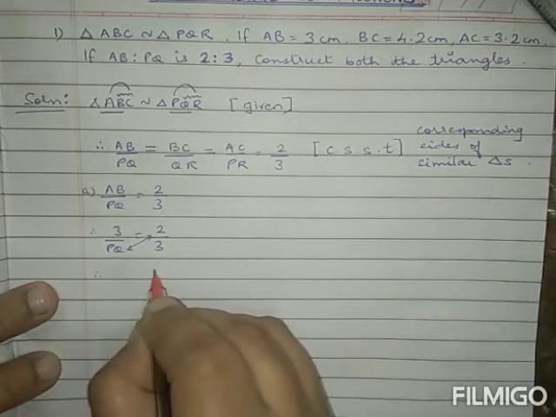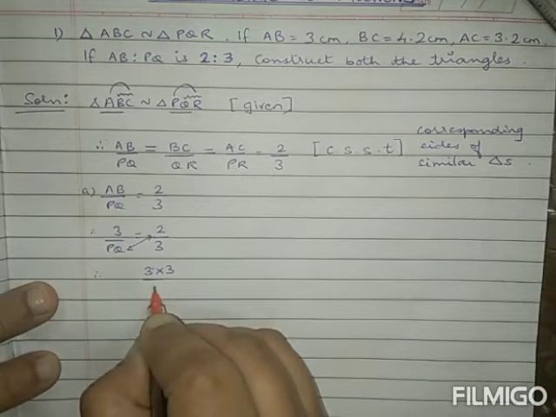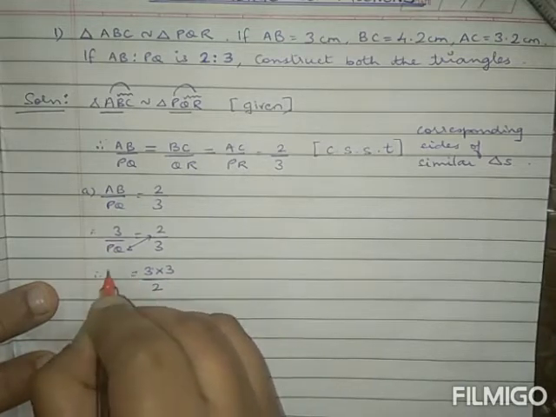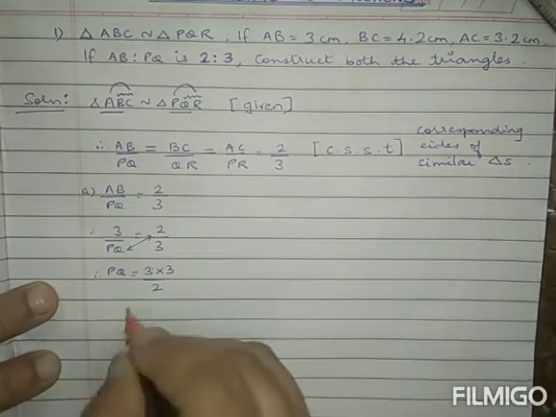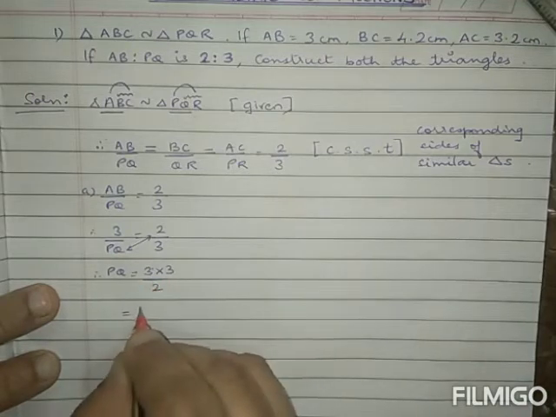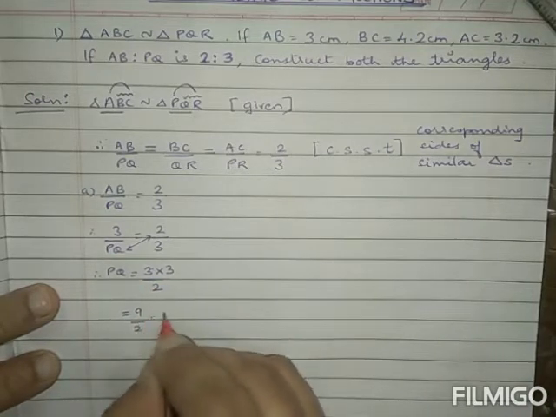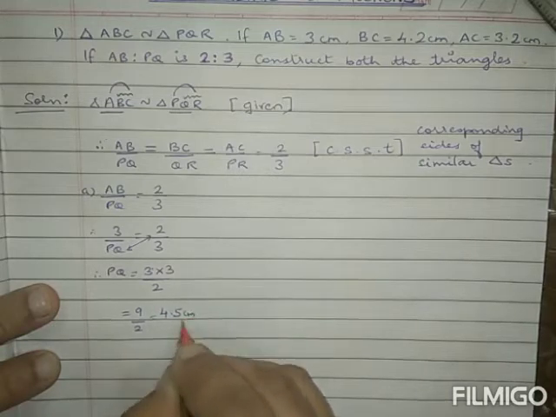So this will be 3 into 3/2 will be equal to PQ. When PQ goes here, 2 comes down. So PQ is equal to how much? 9/2, which is 4.5 centimeter.